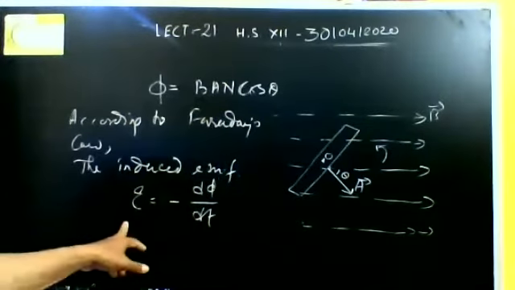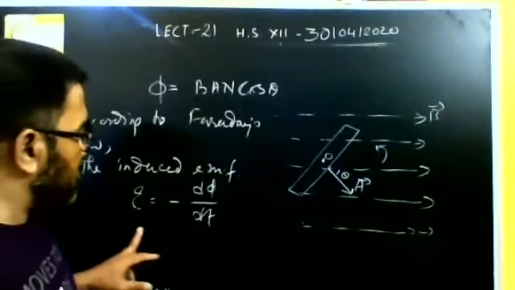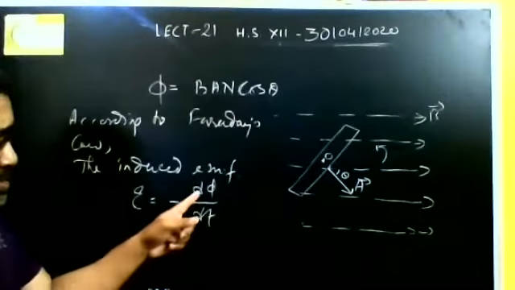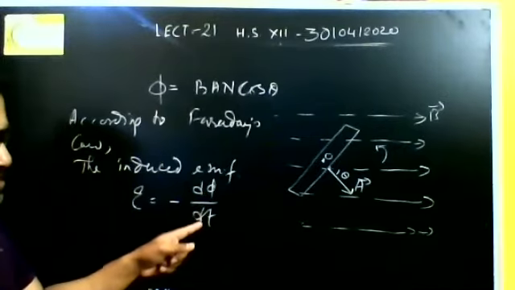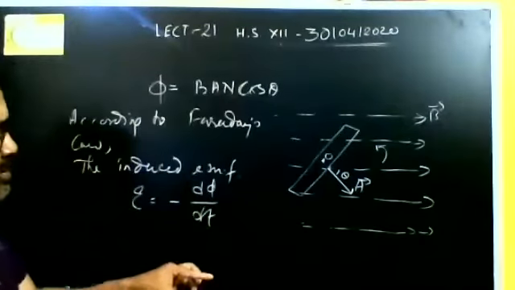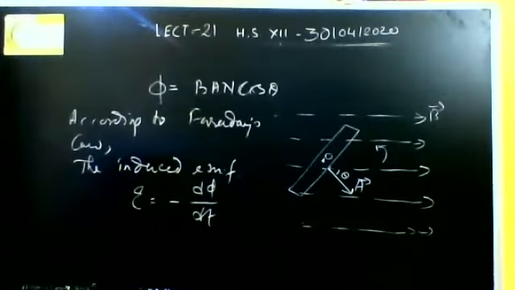This is the relation between induced EMF and the magnetic flux. The rate of change of magnetic flux gives the magnitude of the induced EMF. So it is the induced EMF.